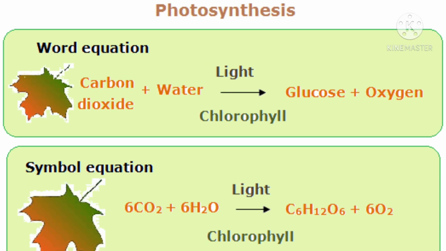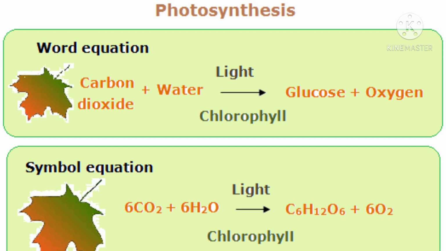The process of photosynthesis can be explained by a chemical reaction. We can see on the screen the word equation and symbol equation of the photosynthesis reaction. In the leaf of the plant, there are carbon dioxide and water present.